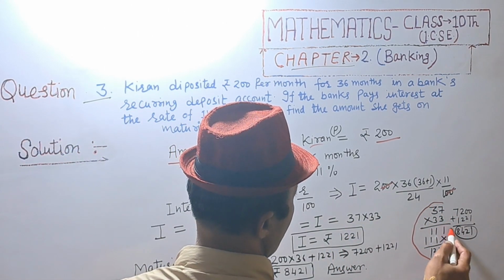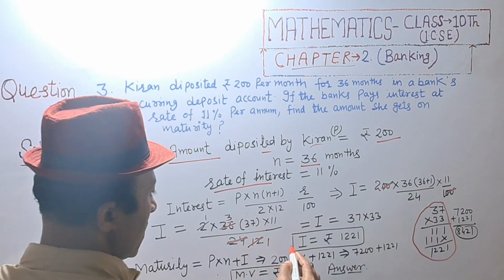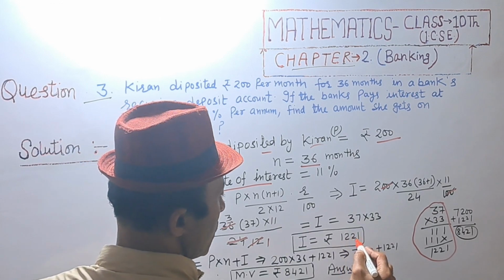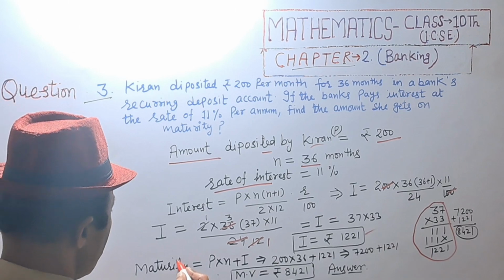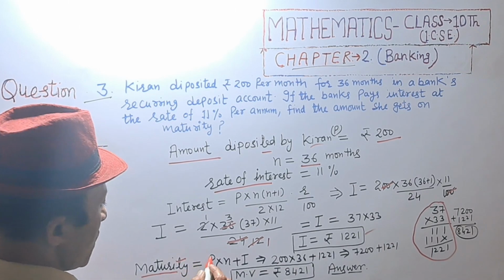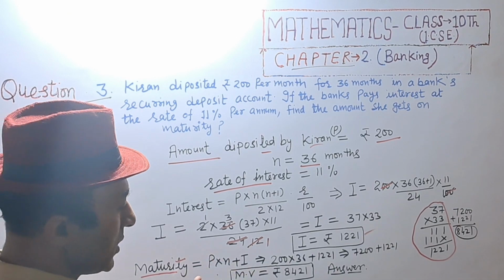We get 1221. Interest equal to rupees 1221, and maturity is equal to matured value P into N plus interest.